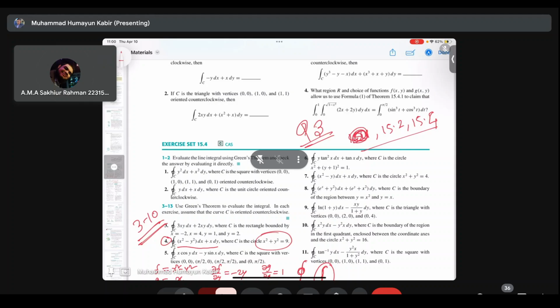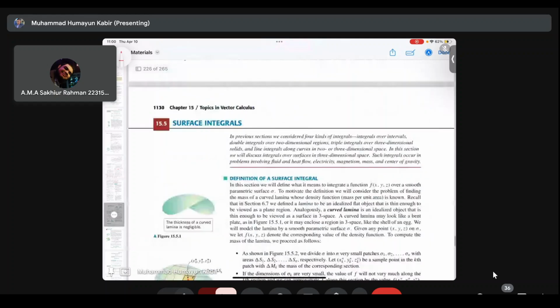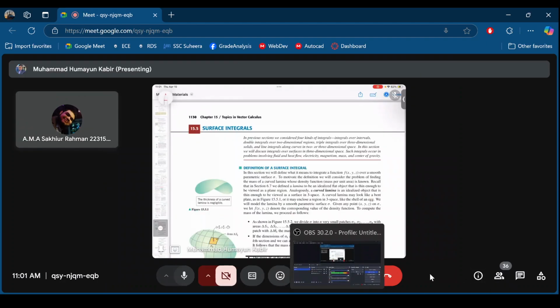So 15.1 is not included. 15.2 and 15.4, only line integral. For quiz 3, I'll make an announcement next Thursday, I mean the 17th. The syllabus is 15.2 and 15.4. And our next topic is surface integral 15.5 that we will discuss in the next class.